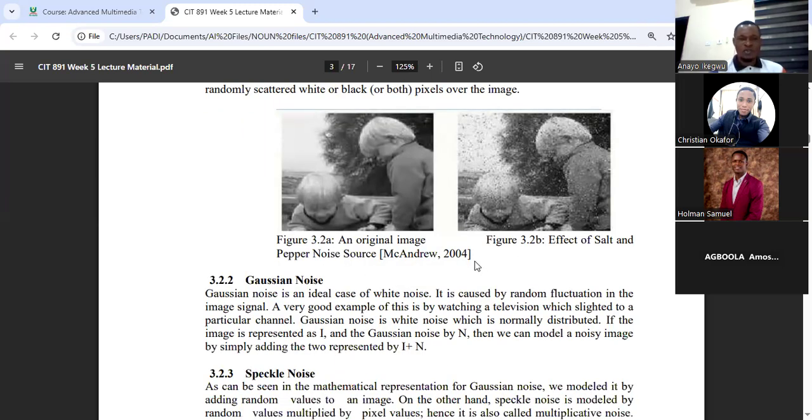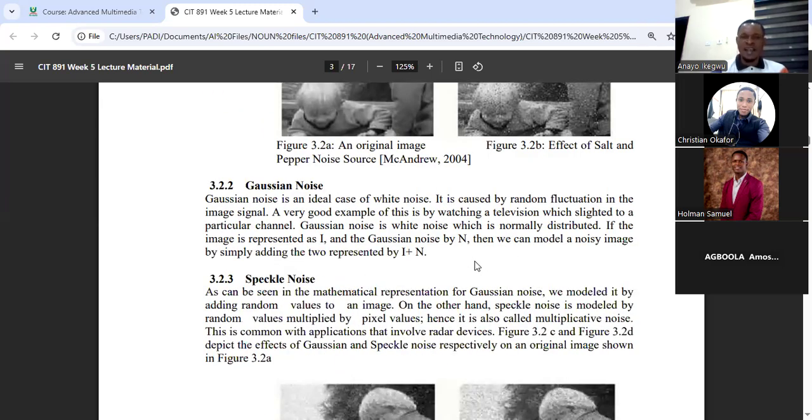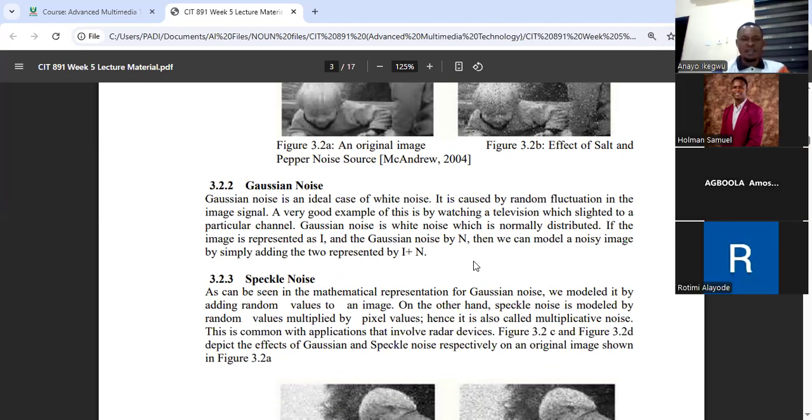Let's move on to Gaussian noise, which is an ideal case of white noise. Let's say N represents the noise, then we can model a noisy image by simply adding the two, represented by I plus N, where I is the image and N is the Gaussian noise.